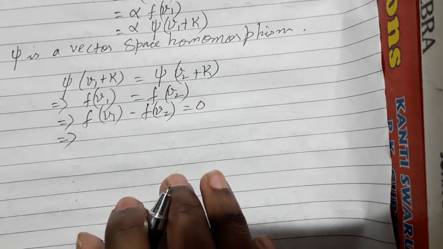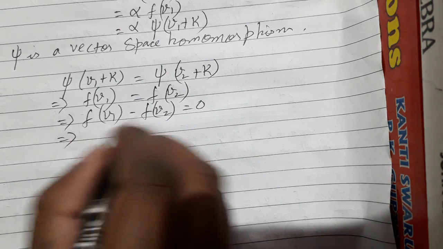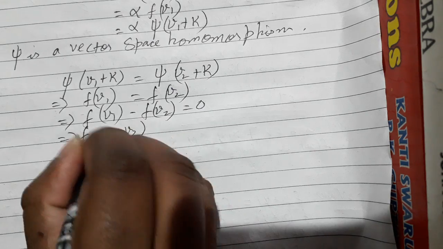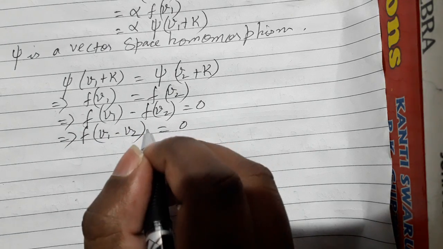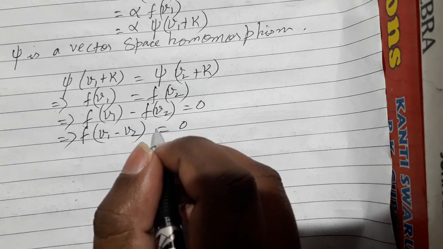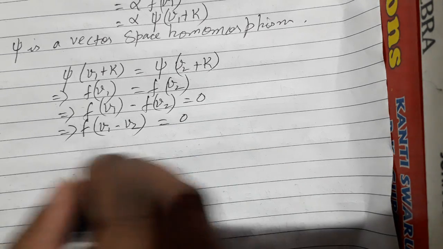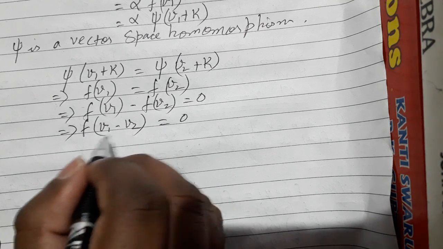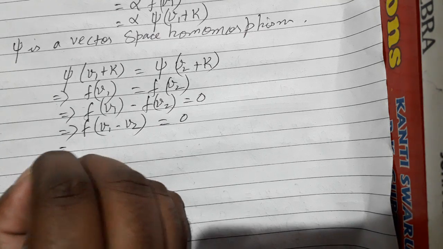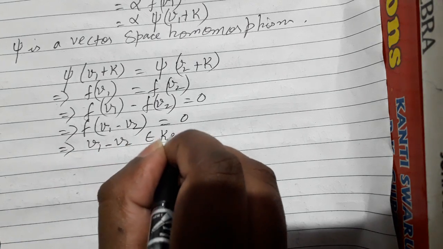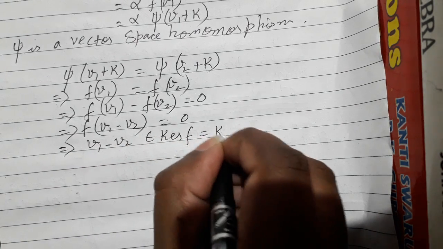Since f is a linear transformation, this can be written as f of (v1 - v2) equal to 0. Since f of (v1 - v2) is 0, that means this element belongs to the kernel of f. So we have v1 - v2 belongs to kernel of f, which is equal to K.